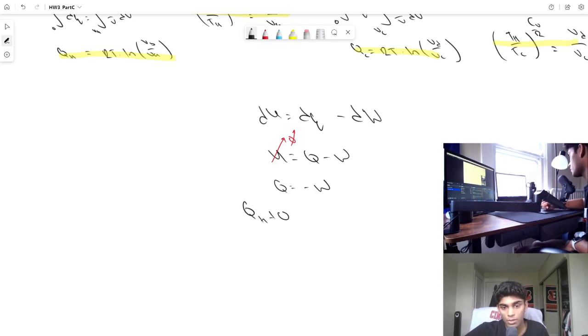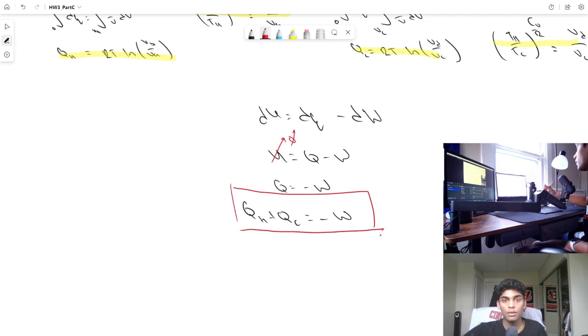QH plus QC equals the negative work. So this is the equation that we look at when relating the amount of heat in the system to the amount of work that's done on the system.